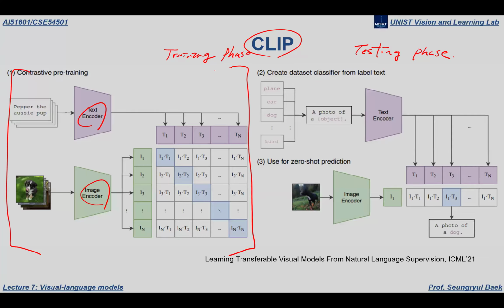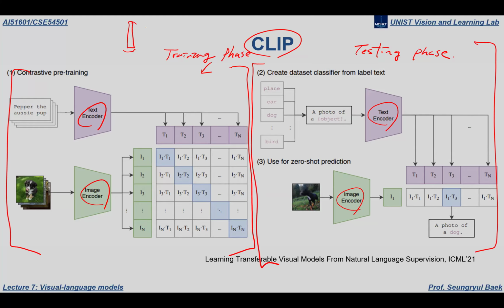In the left section, we train the text encoder and image encoder. In the right section, using the trained text encoder and image encoder, we do inference. As I mentioned previously, in the previous CNN training, we have to estimate a fixed-dimensional probability vector as the output.